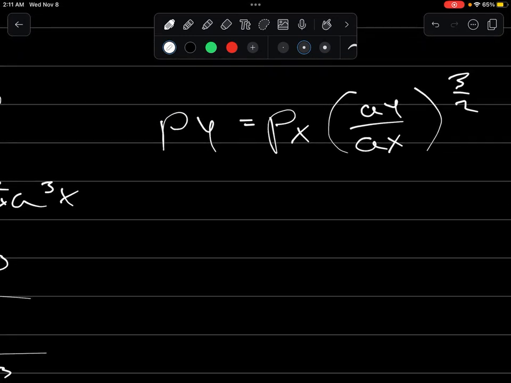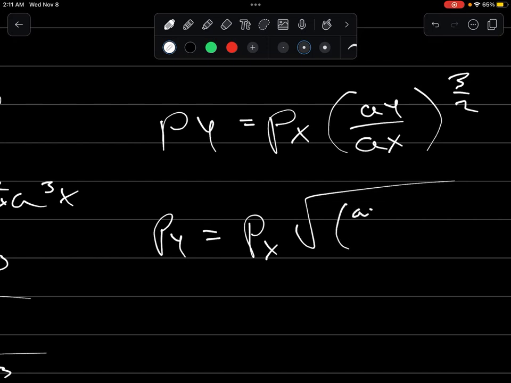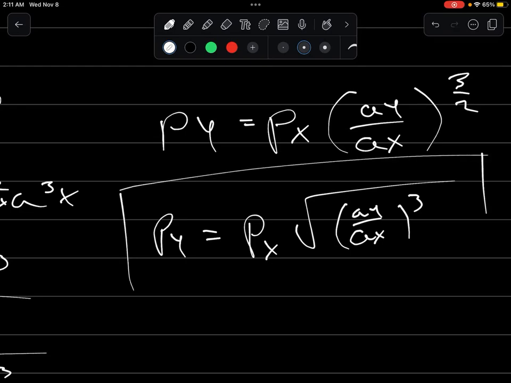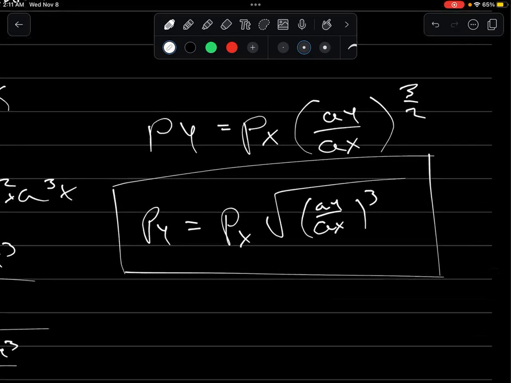And this can also be rewritten as p sub x times the root of a sub y over a sub x cubed. And here is your final proportion.